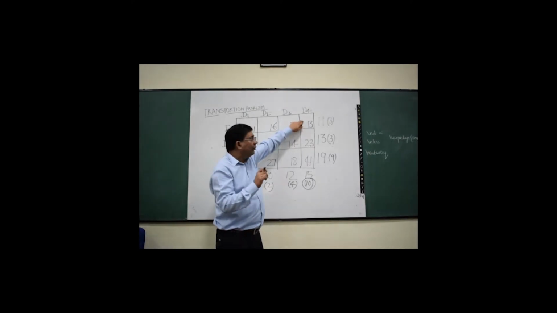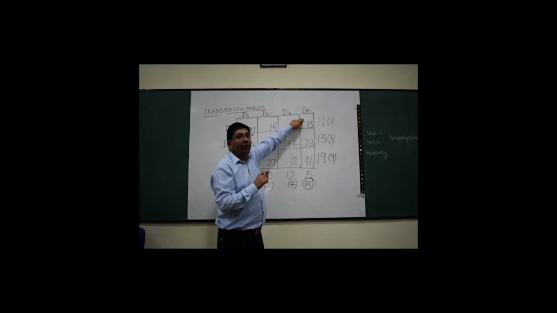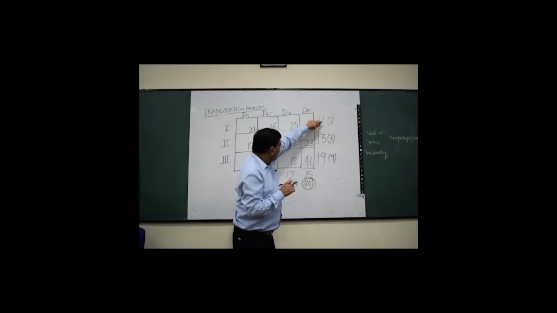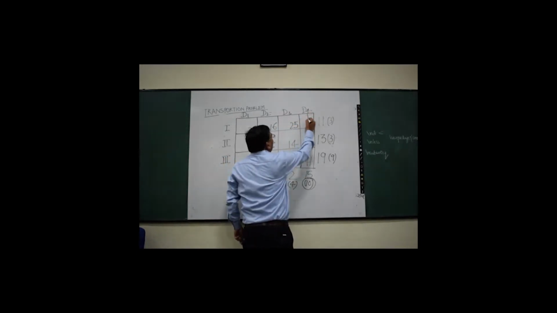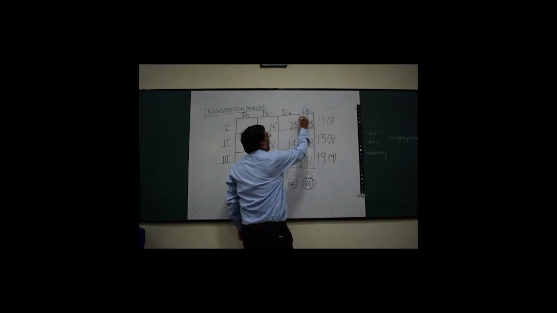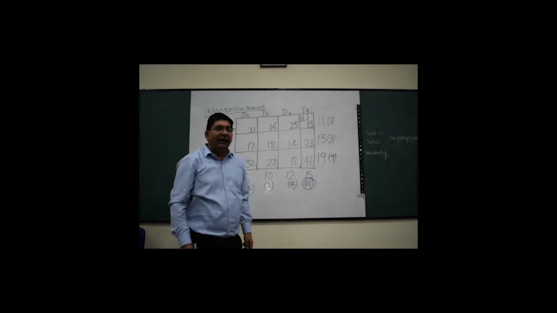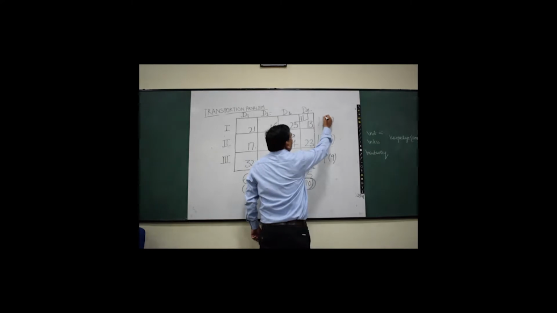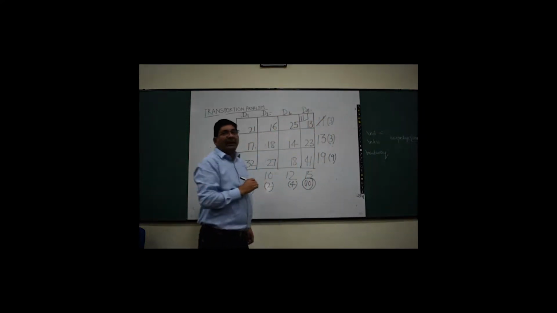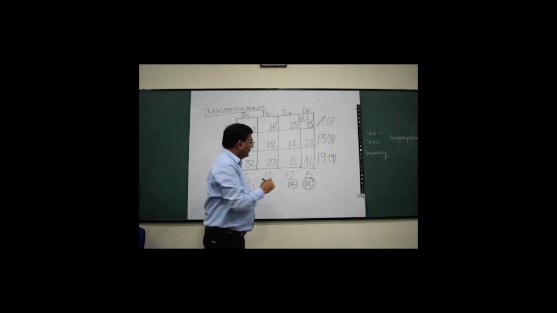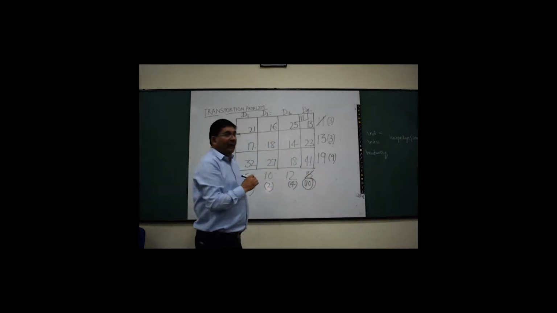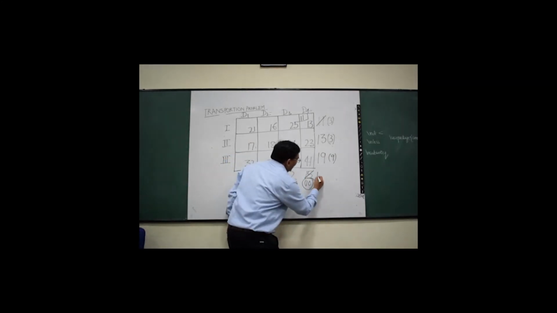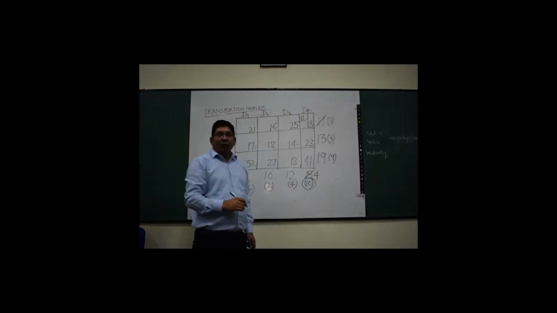So we'll allocate the minimum of 11 and 15 here, that is 11 units. So your availability at source 1 is exhausted, and at destination 4, the requirement left is 4.